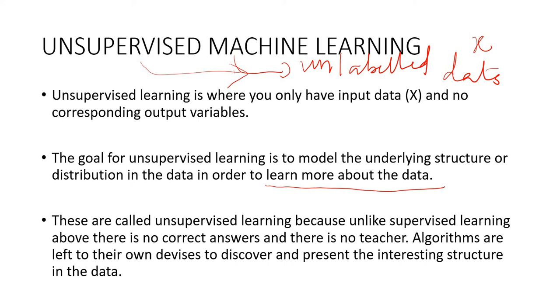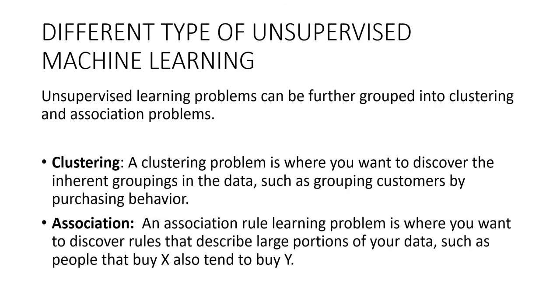We are just giving unlabeled data, and it is the machine learning algorithm's responsibility to come up with accurate solutions. So algorithms are left to their own devices to discover and present interesting structure in the data.